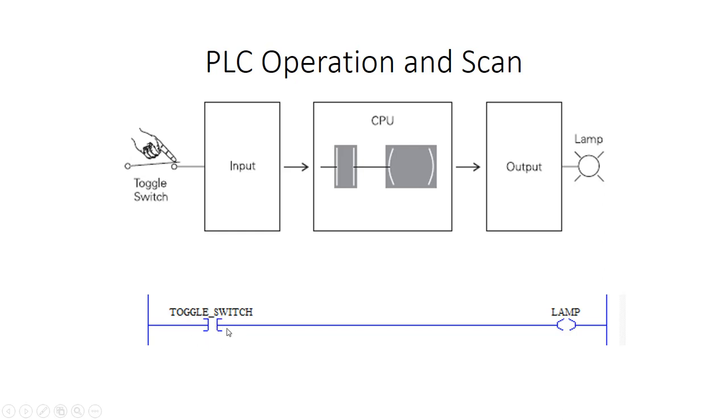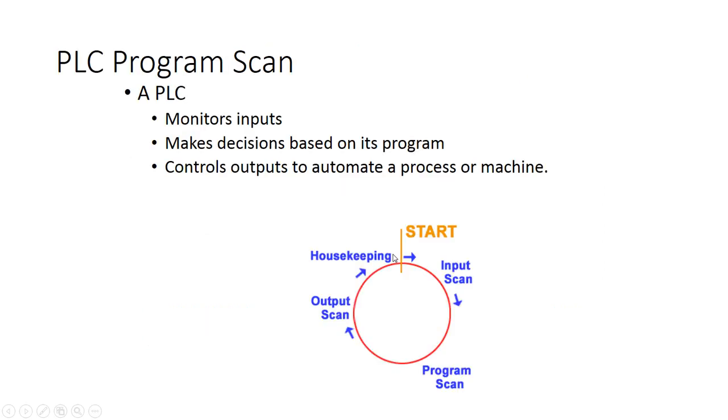It's put in as a contact. It's not put in as a toggle switch, and the lamp is put in as a coil. It's not put in as a light. So if this closes, the lamp comes on. So input, there's my CPU logic, and if it becomes true, my output module becomes true, and it delivers voltage to the lamp. So that's the PLC operation and scan.